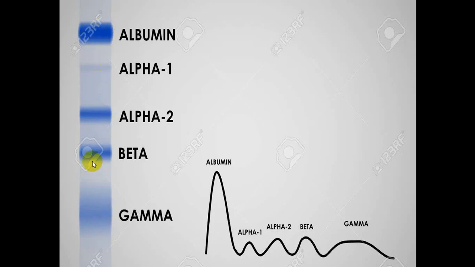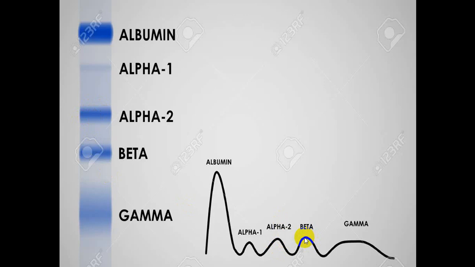We have gamma, beta, alpha 2, alpha 1, and albumin. Albumin has the highest proportion, the largest amount among these 5 components of the sample, followed by alpha 2 and beta. Alpha 2 and beta are of the same amount.